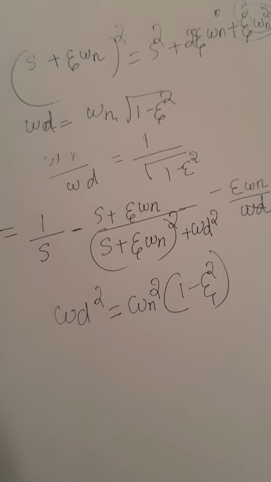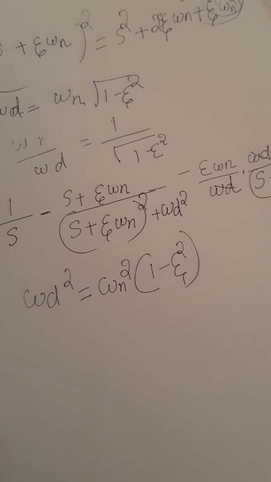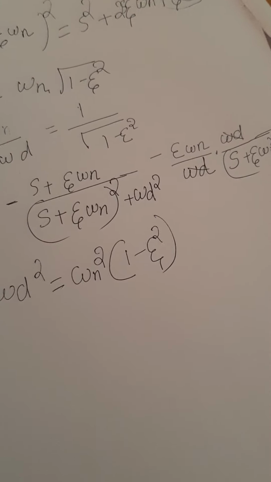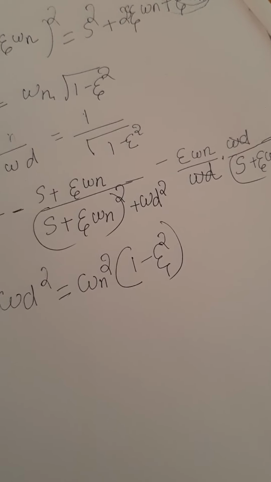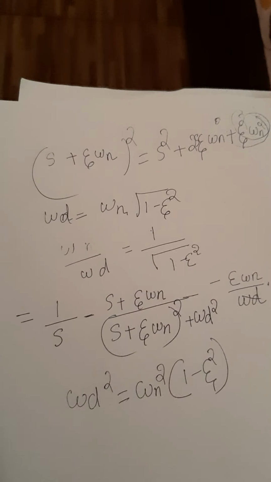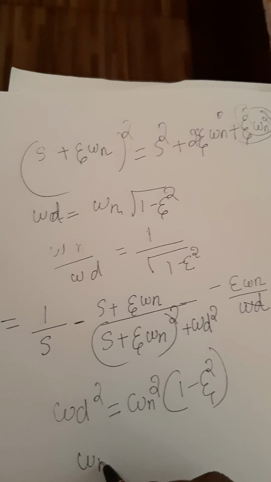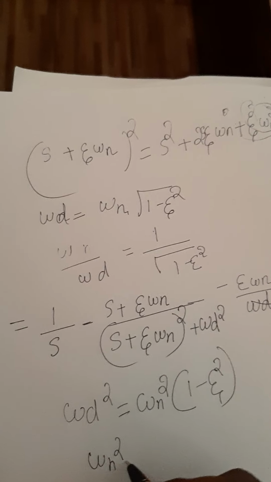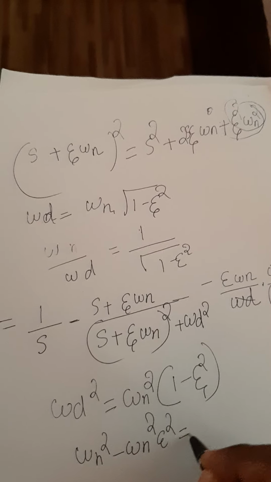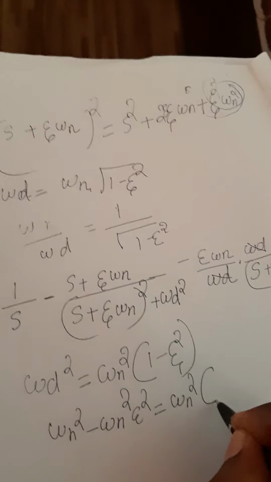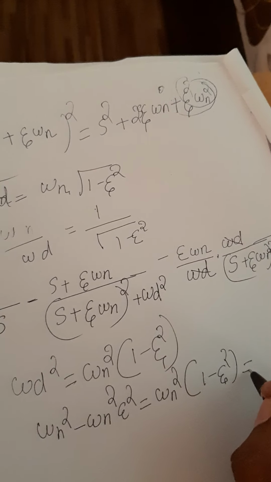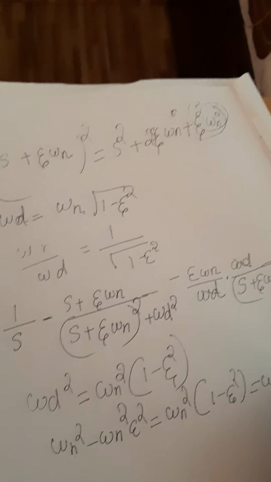So what I want to say is that we are modifying this one. Omega n square minus omega n square eta square, this you can write as omega n square into 1 minus eta square, which is equal to omega d square.